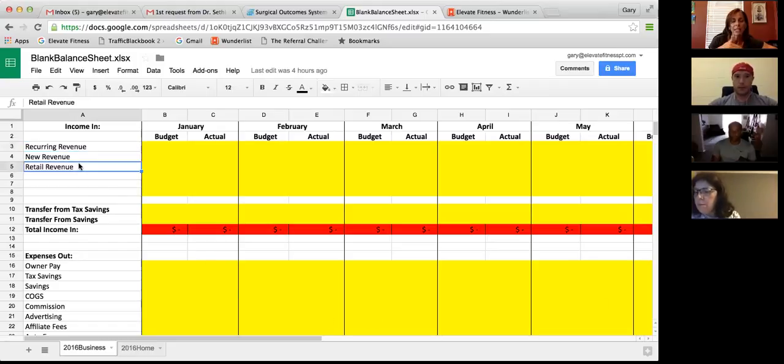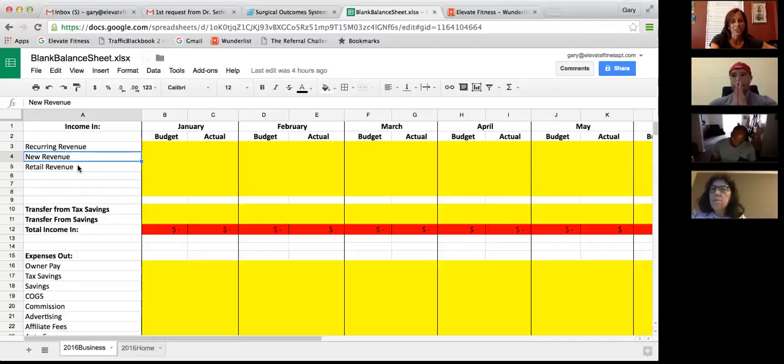Recurring, which means money that is accounts receivable, money that you know is coming in automatically that month. So if you have folks that are set up on a 3-month program, you know that for the next 3 months, you're going to get $100 from each of them. That's recurring revenue. Okay. New revenue is monies that are brand new. And we'll explain how to goal set that number when we're done reviewing this worksheet.